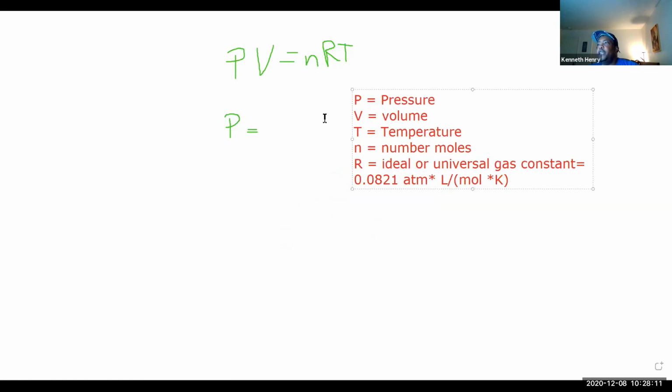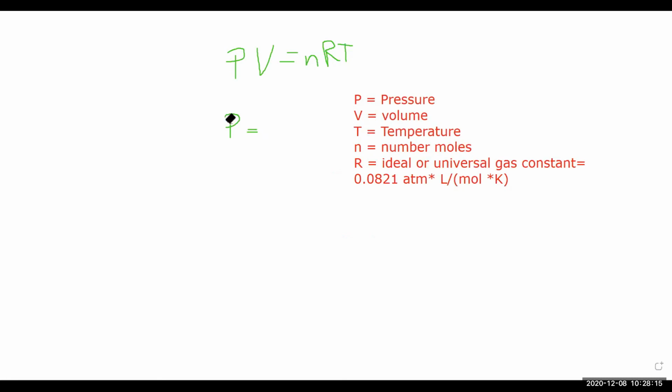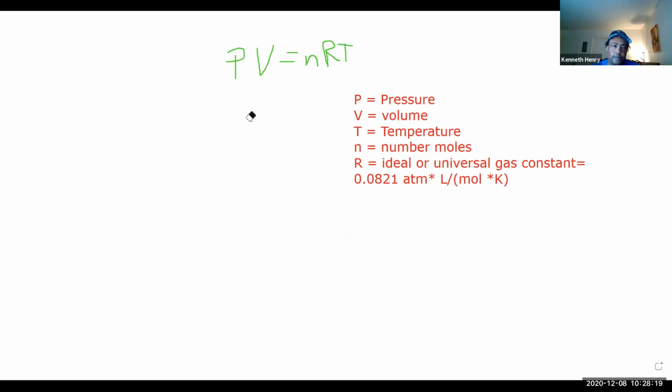Okay. So PV equals nRT, right? That's the equation that everything we're working with stems from.